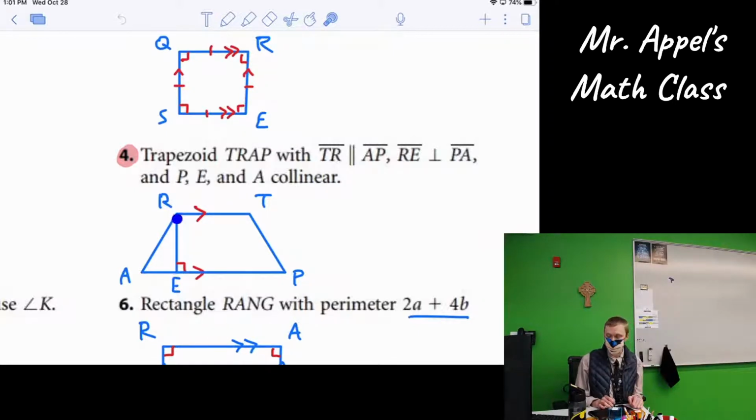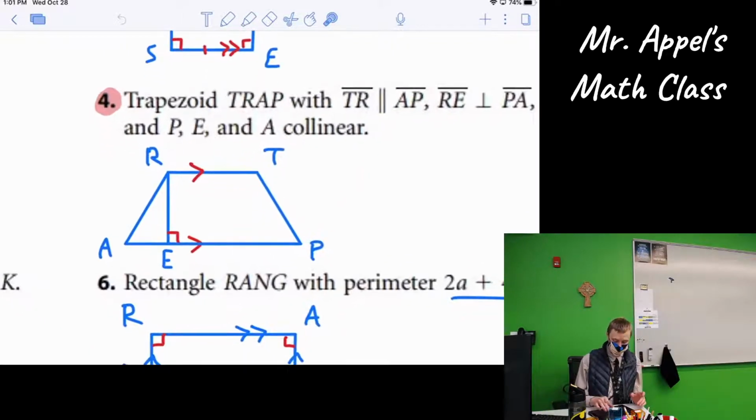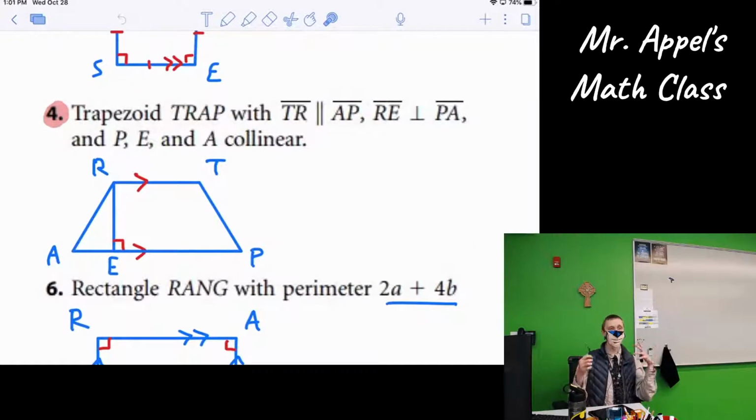It ends up inside the trapezoid. Okay? This is part of why we began with the deductive reasoning, so that you'd have the tools to work your way through these types of things. If I know this piece of information, therefore it must follow this next piece. It has to be that way.